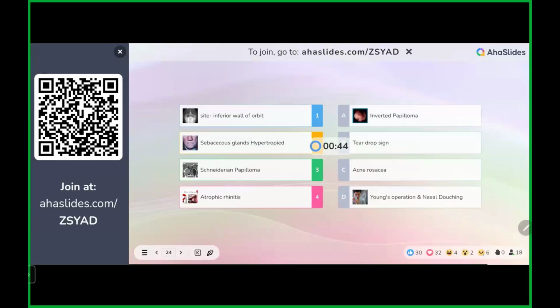Here is your 11th question. This question has many perspectives. If you look closely, everyone has its name and everyone has its diagram. But what exactly it is and where it is, is the question over here.